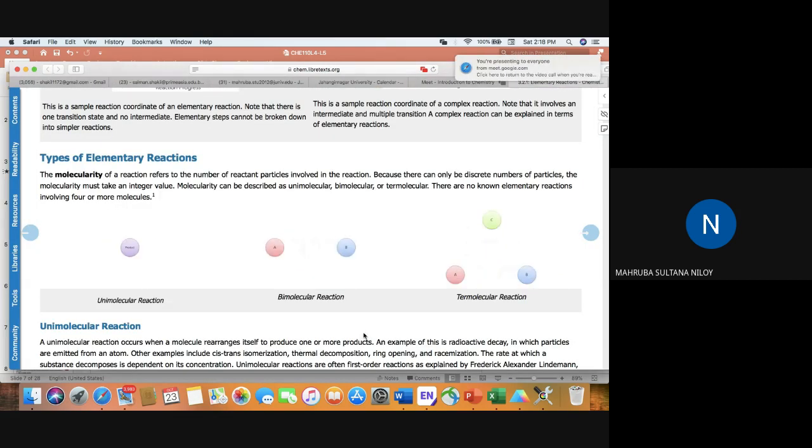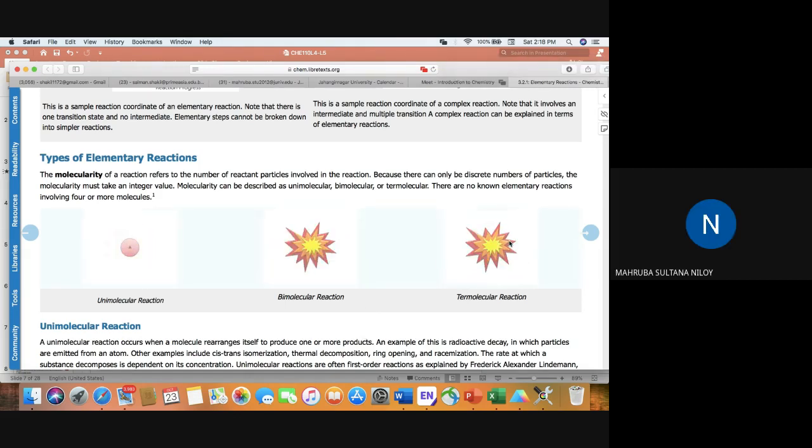Are you seeing the screen? Yes, sir. So here you can see these compounds need to interact together to form a product. So when the number of reactants increases, the chances of this collision decrease.